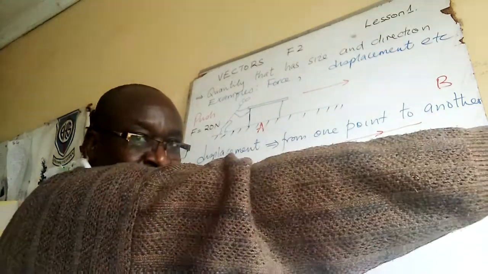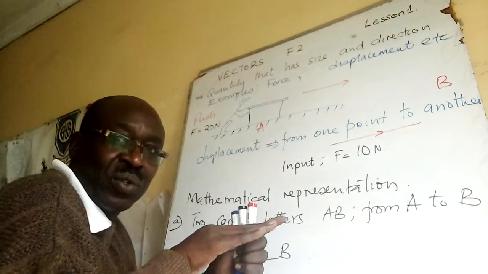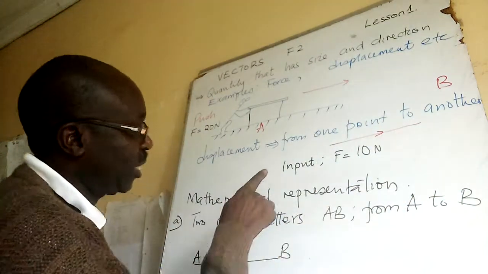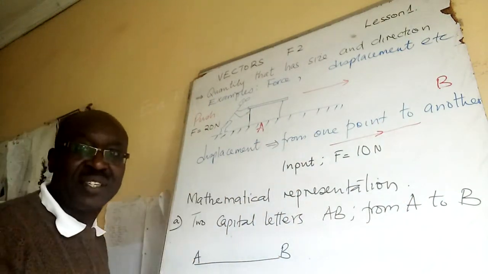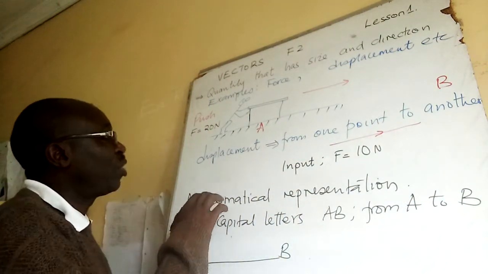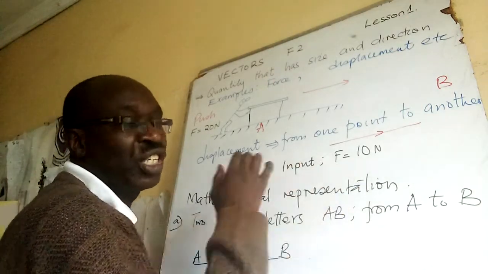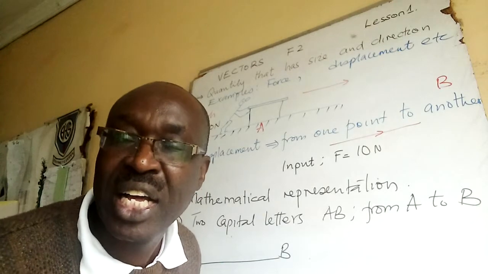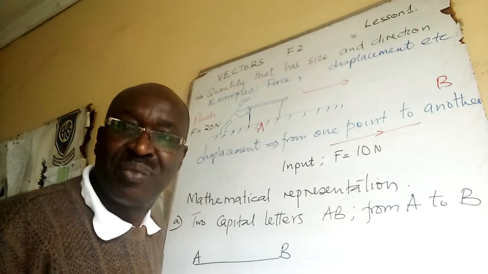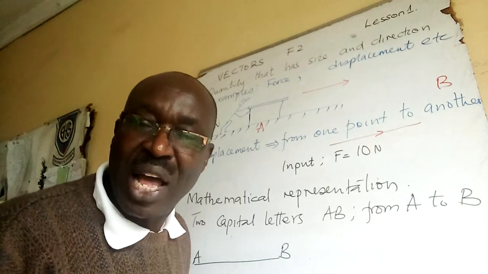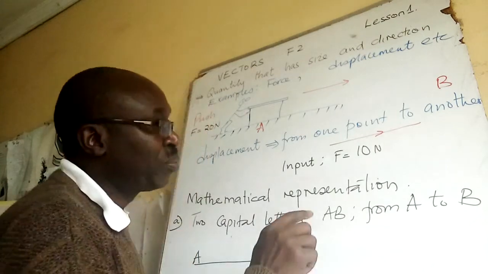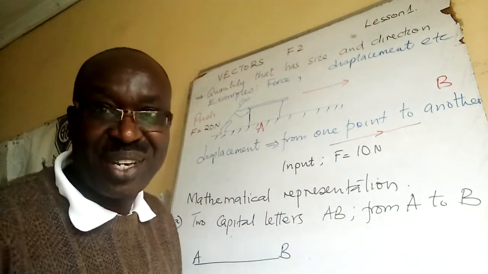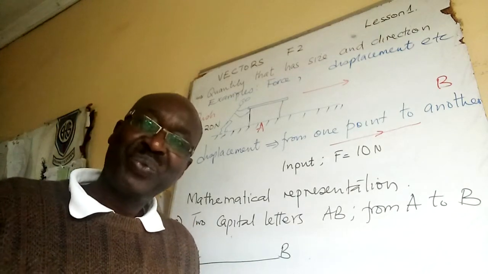Now, if I put 10 newtons, then 10 newtons becomes the size, the magnitude. The direction is shown using an arrow. Sometimes we use an arrow.